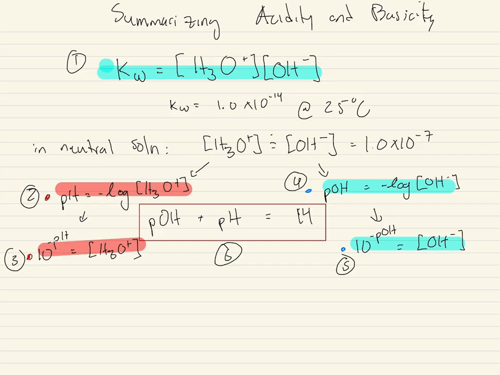Which one relates the concentration of OH minus and H3O plus? 2, I don't see any OH minus in 2. 6 could if we rearrange it, but yeah, number 1 would be the simplest one, right? We have both OH minus and H3O plus in equation 1, right? So this is what we'll look at.